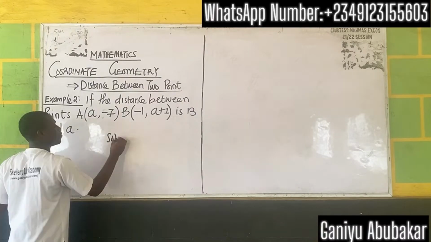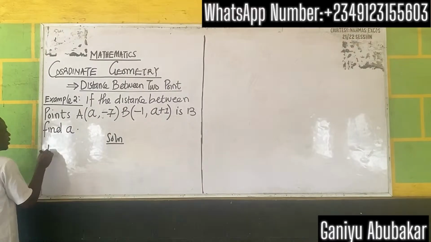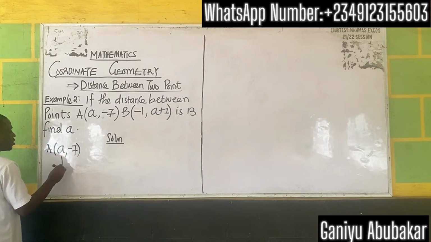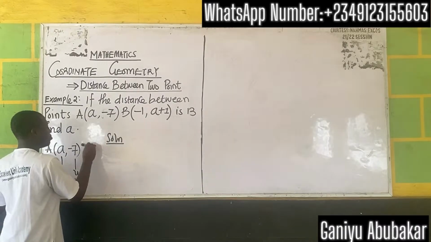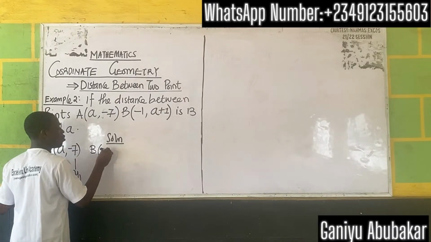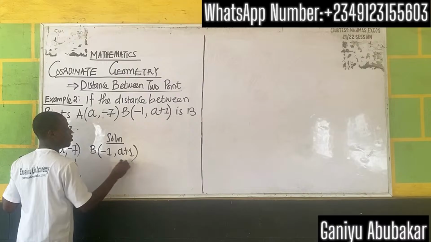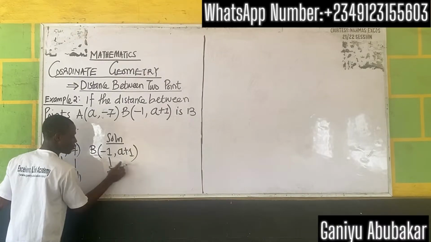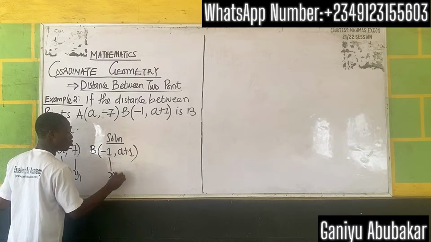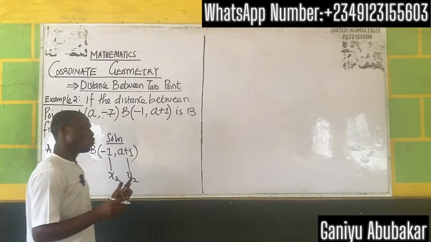Solution. We know that from the coordinates given, this A comma minus 7 gives x1 and y1, and the B given there, minus 1 comma A plus 1, gives x2 and y2.